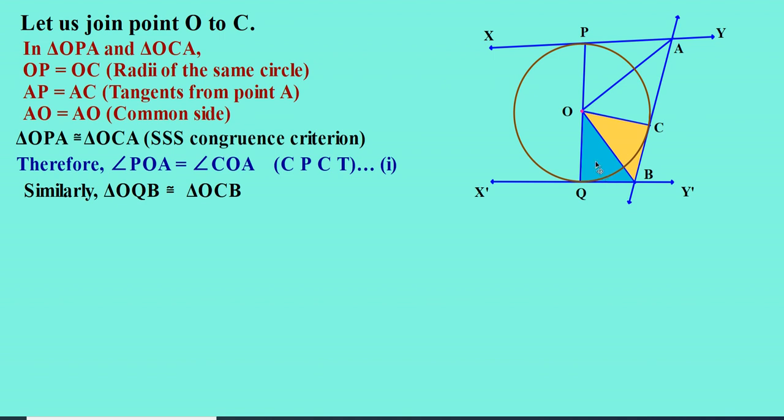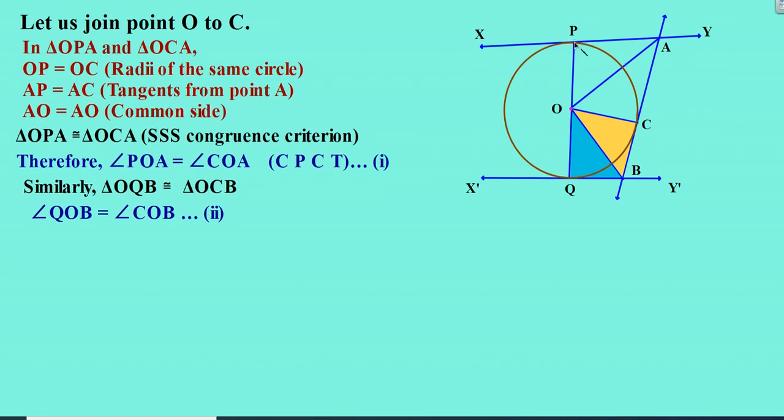Since two triangles are congruent, corresponding angles are equal. So here you can write angle QOB is equal to angle COB. Let this be taken as equation 2.